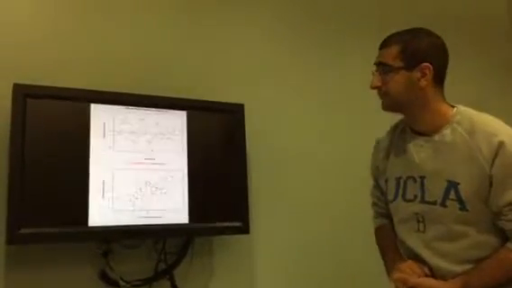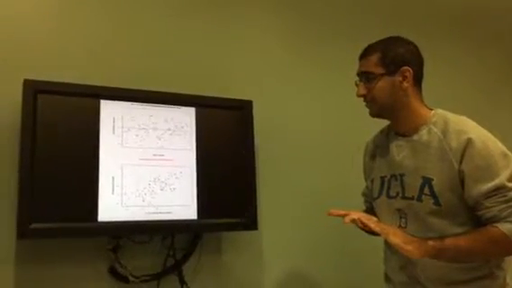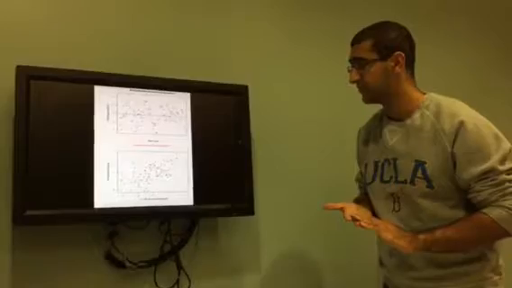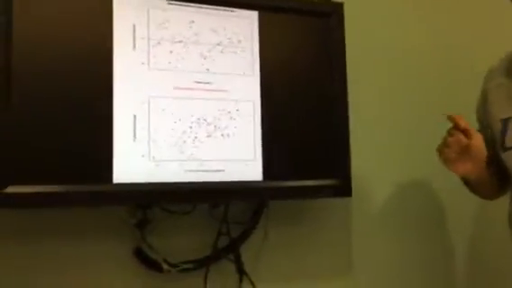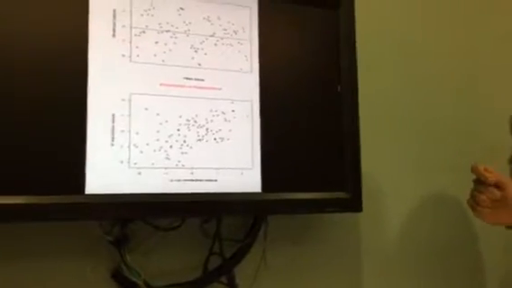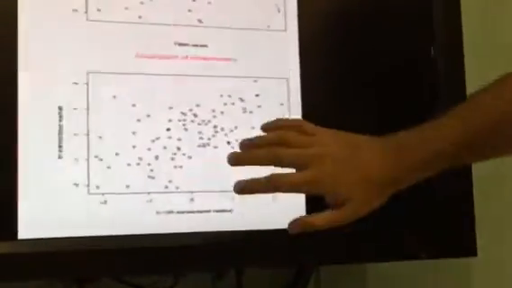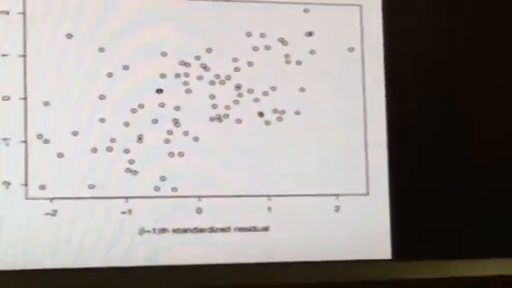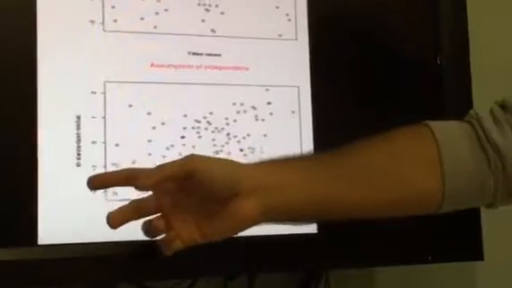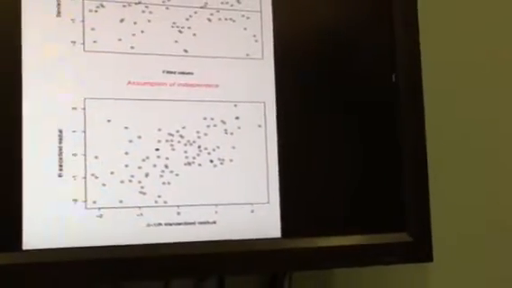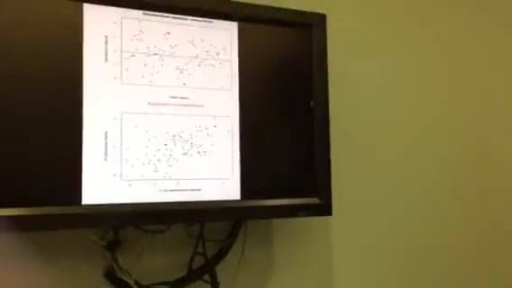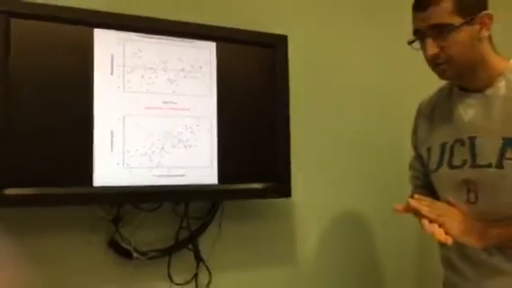Thirdly, we have the standardized residuals versus the fitted model. In this case, we'd also like to see points being scattered around as Robin is zooming in. I'd like to get your attention to the bottom one. The bottom one is the ith standardized residual against the (i-1)th standardized residual.